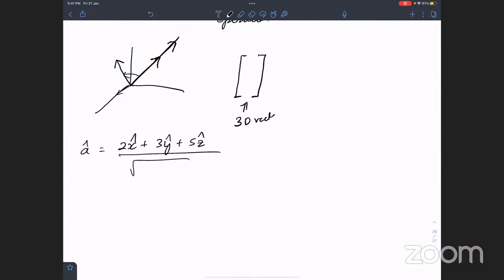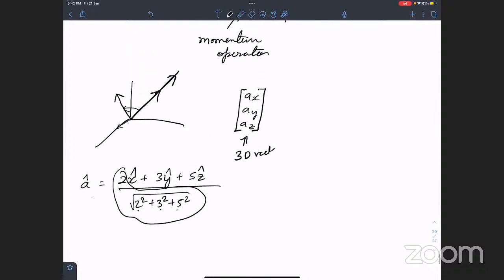I'm going to divide this by the root of 2 square plus 3 square plus 5 square. So this is some unit vector in three-dimensional space, right? And it's going to be represented by these coefficients: coefficient of x, coefficient of y, coefficient of z. This is how we denote a unit vector in three-dimensional space, right?